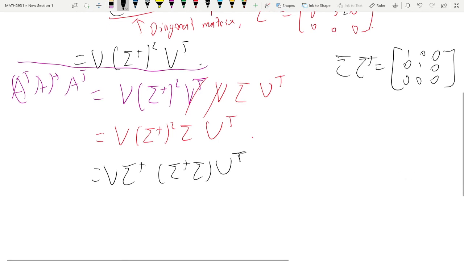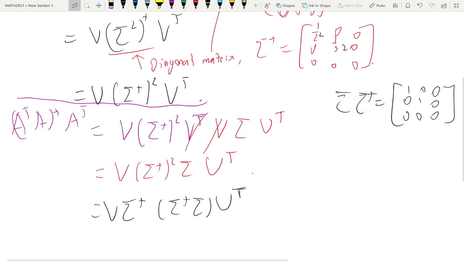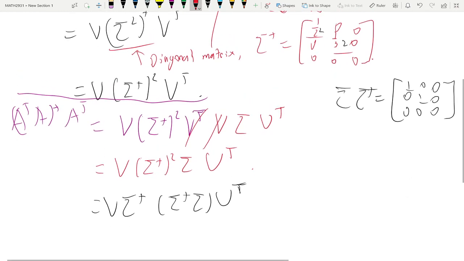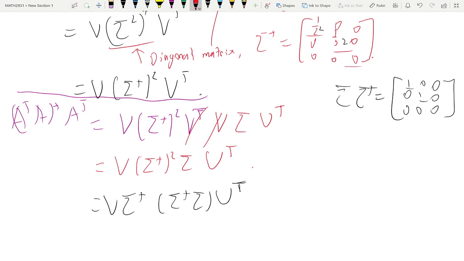Now the thing is, this thing is very close to our diagonal matrix, but if you note this sigma plus thing, if you compare where it's 1 and where it's non-zero, they match up. So essentially, if you were to multiply two matrices, all the non-zero terms will remain the same, and the zero terms obviously disappear.